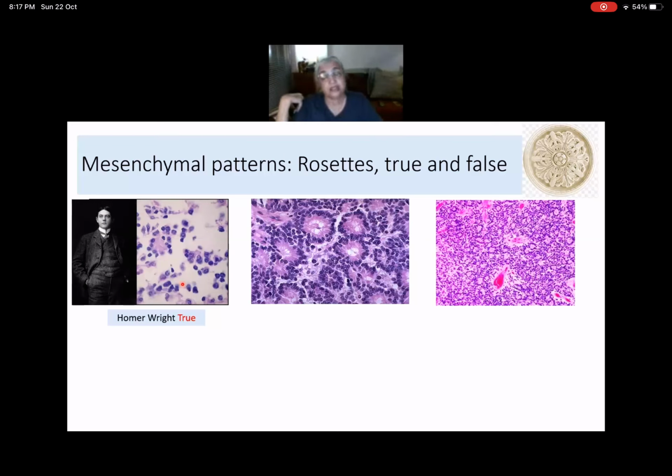And that is a Homer Wright rosette, called a true rosette. Somebody gave them these names, true rosette. Hugo Homer Wright was the head of the department at Mass General when it first started.